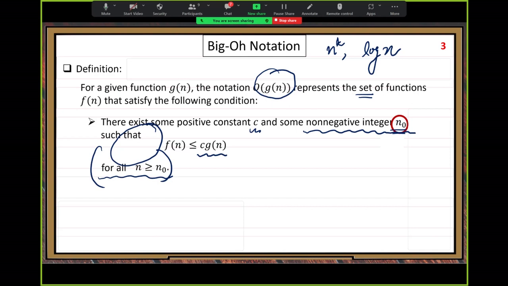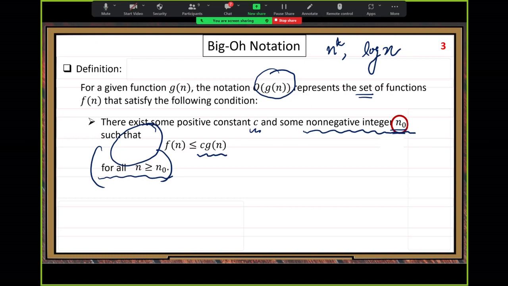Then, non-negative integer n0. First, you can see we have freedom to choose this n0. It is not given. For a specific algorithm, we can choose what n0 we want to use here.